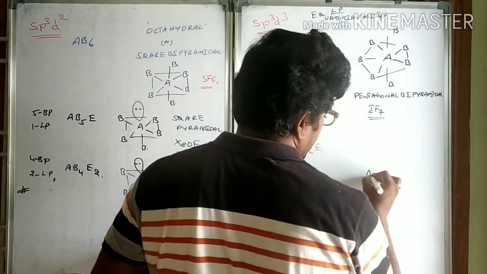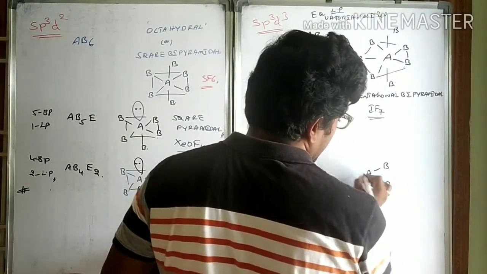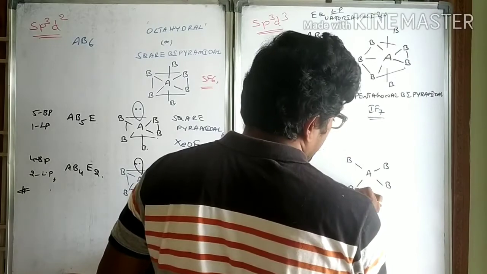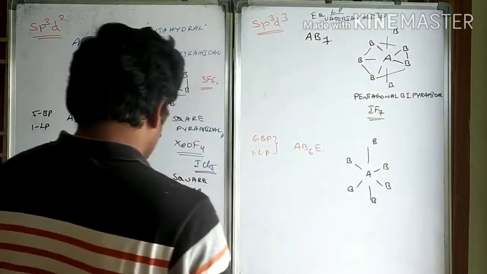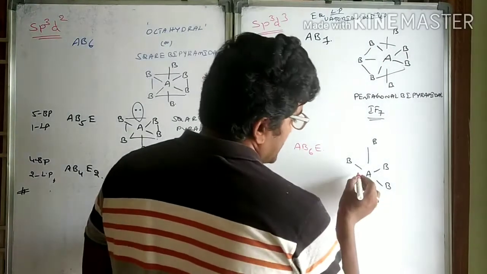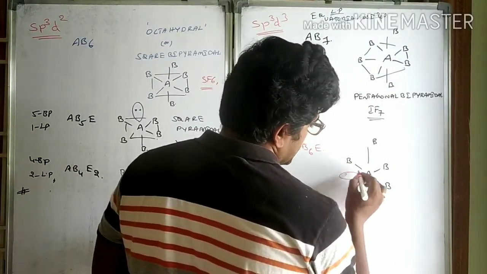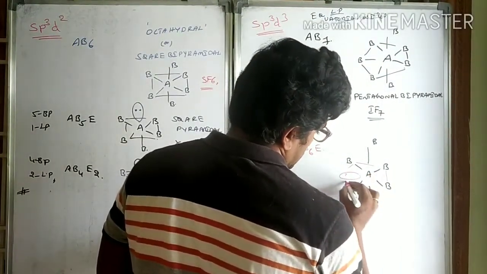So the structure will become A with axial B above and axial B below, and the lone pair occupies the equatorial position.